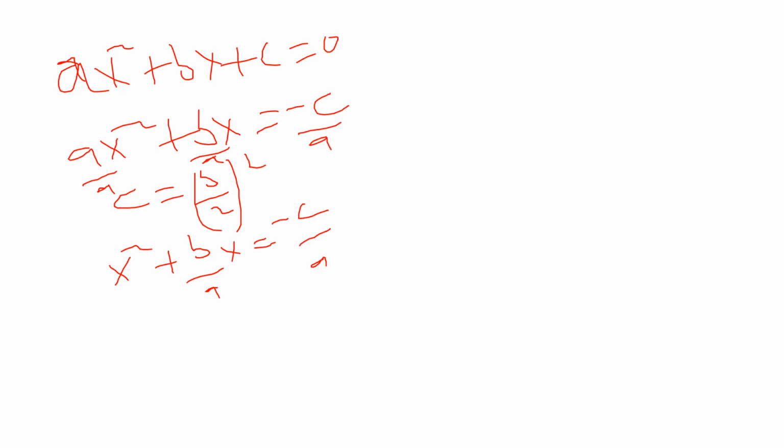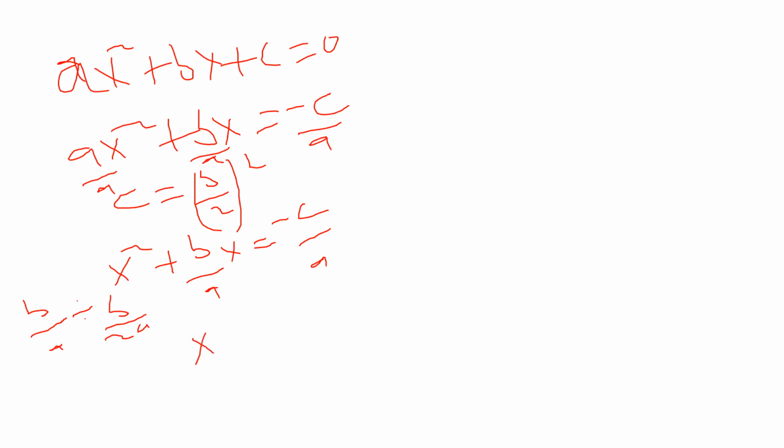So to introduce the constant, we know that b all over a divided by 2 will be b all over 2a.